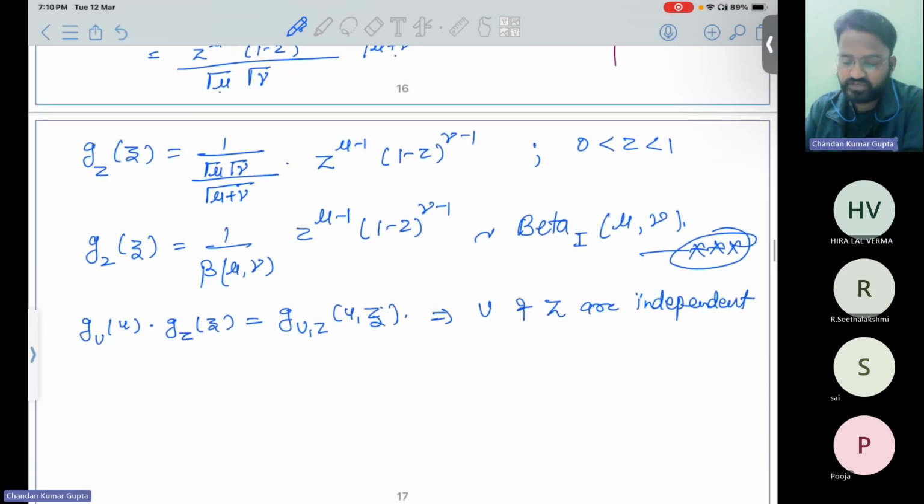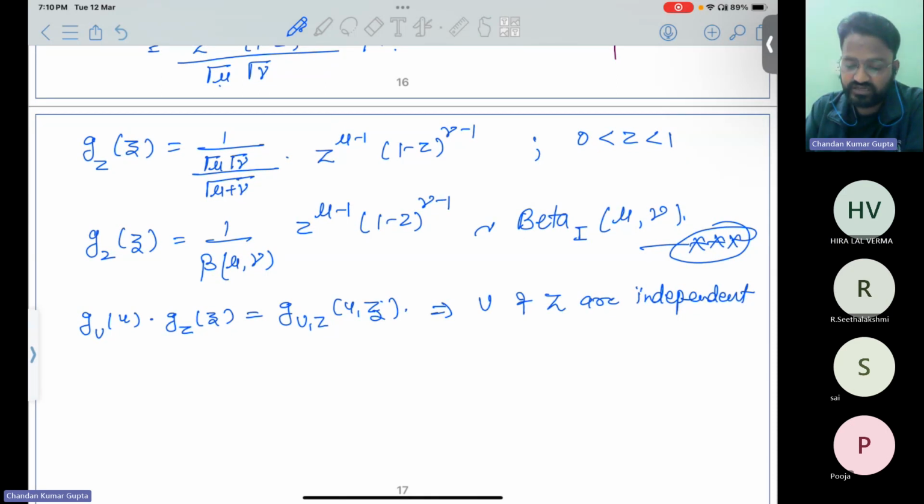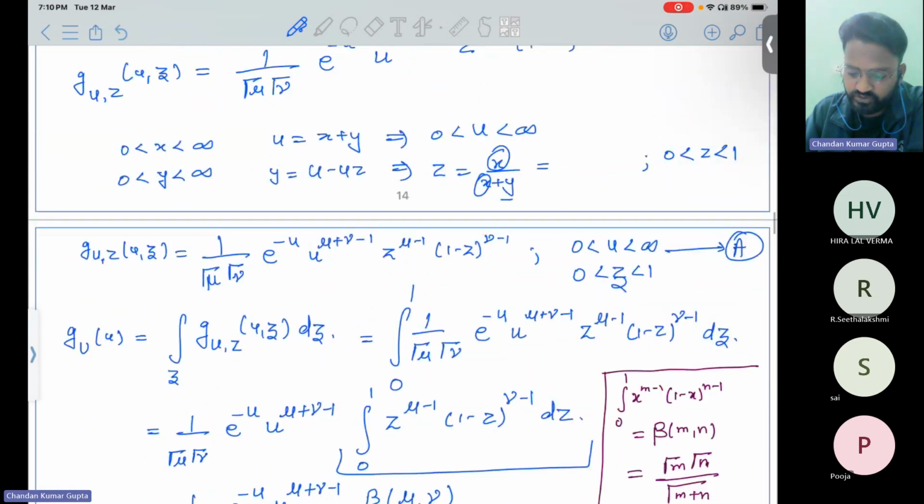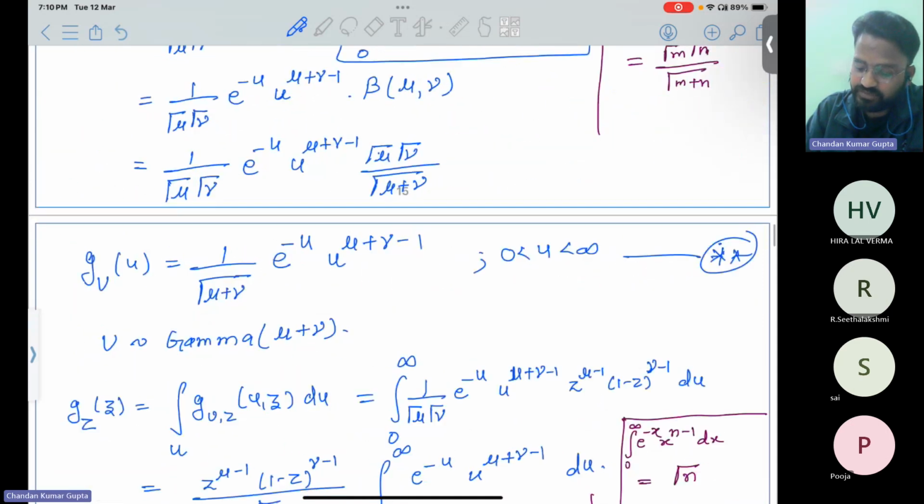Actually, we need to check whether the transformed variables u and z are independent or not. And for independence, the joint PDF must be equal to the product of their marginal PDFs. So we have a joint PDF of u and z, and we will calculate its marginal PDFs.